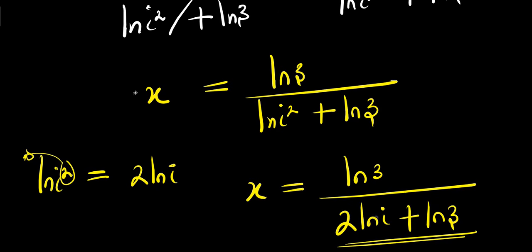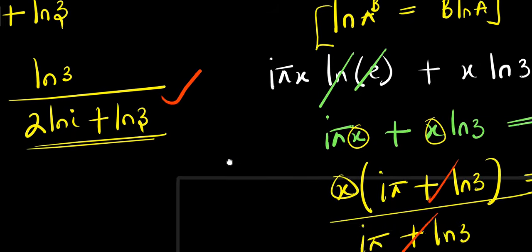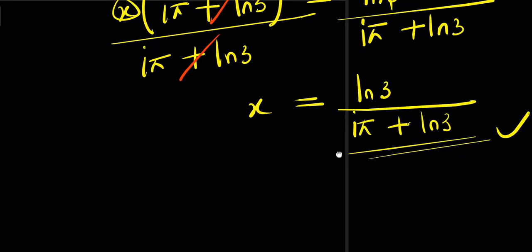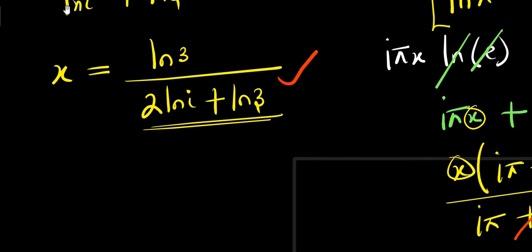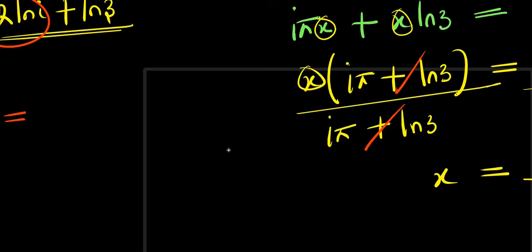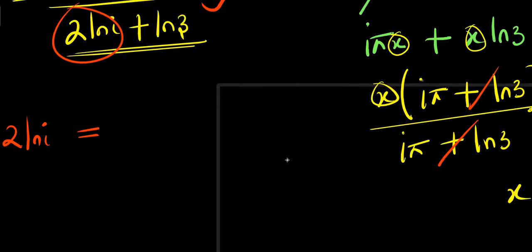So based on this method, this is our answer. And based on this other method here, this was our answer. So we have this answer and that answer. The only difference is that we have 2 times natural log of i right here, while in this other one here, we have i times pi.